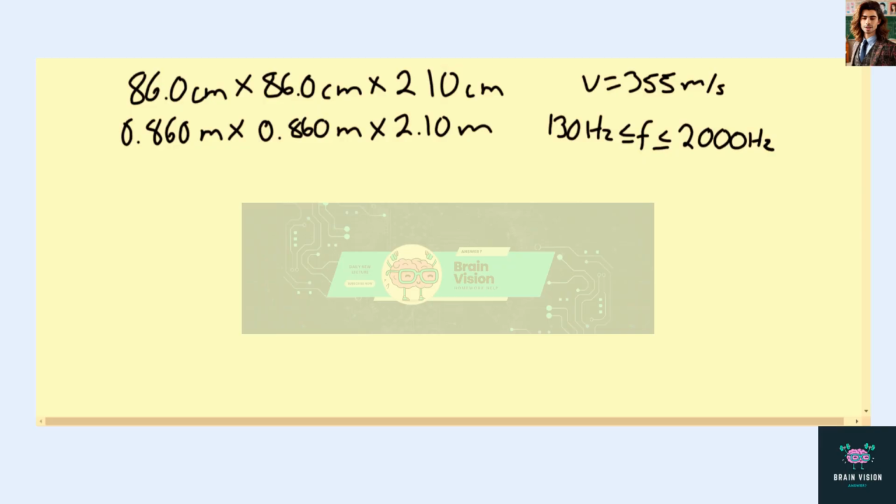What we want to do here is find the fundamental frequencies for the shower stall, and then find which overtones of those fundamentals will be within 130 and 2000 hertz.